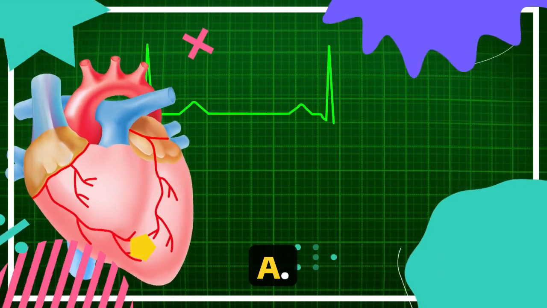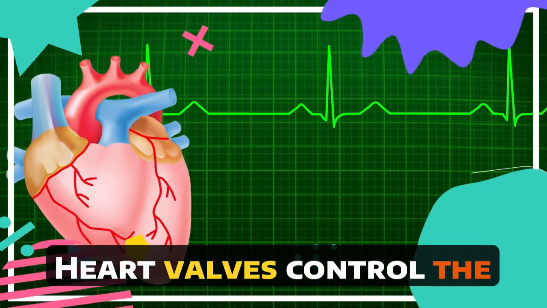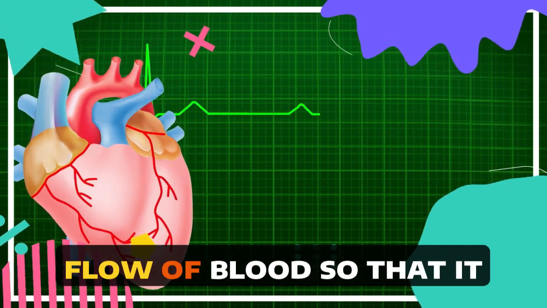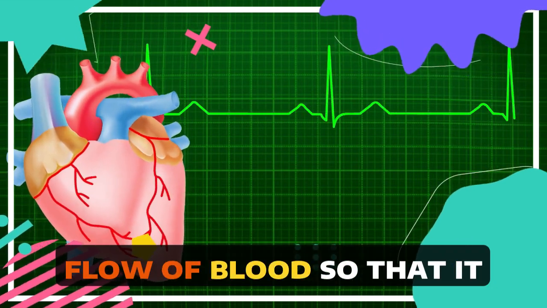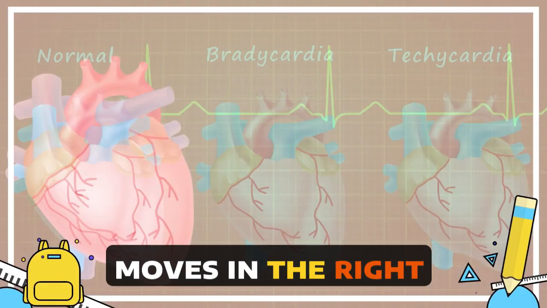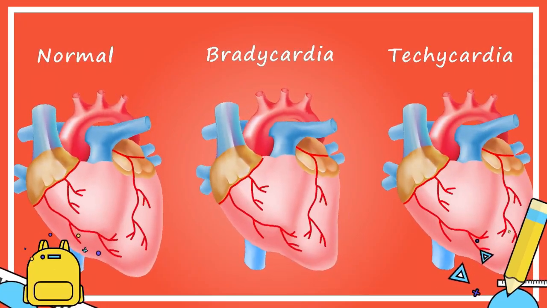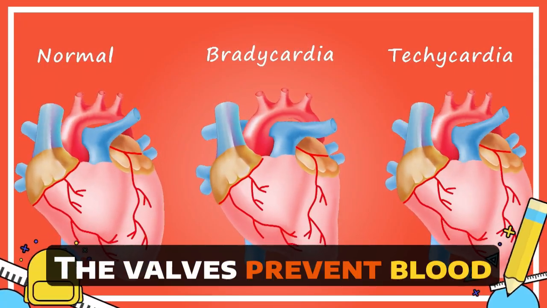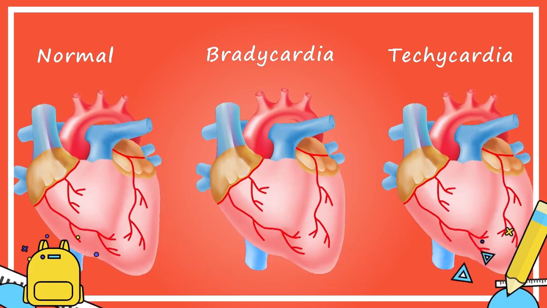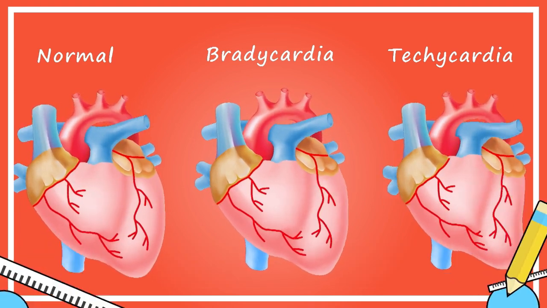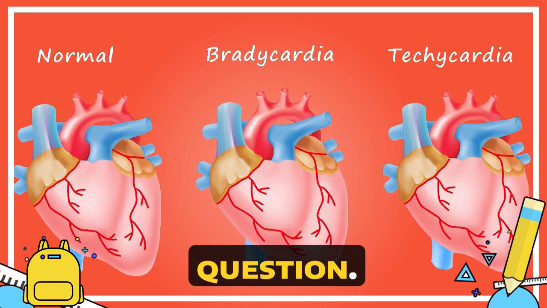So, A, heart valves control the flow of blood so that it moves in the right direction. The valves prevent blood from flowing backward. Let's move on to the next question.